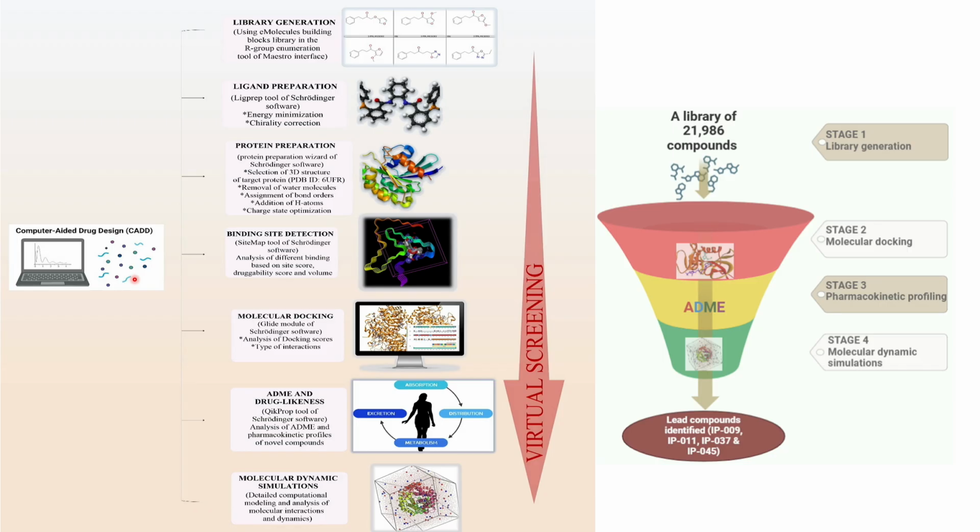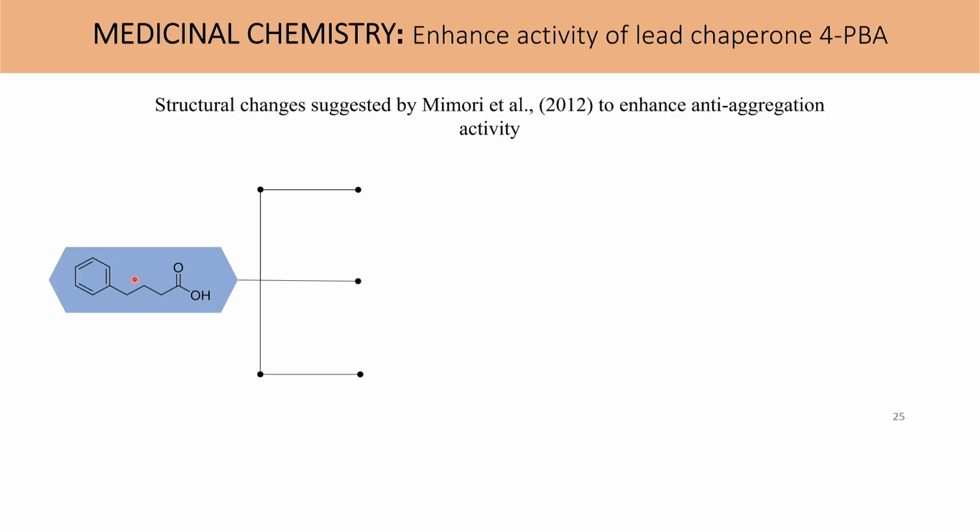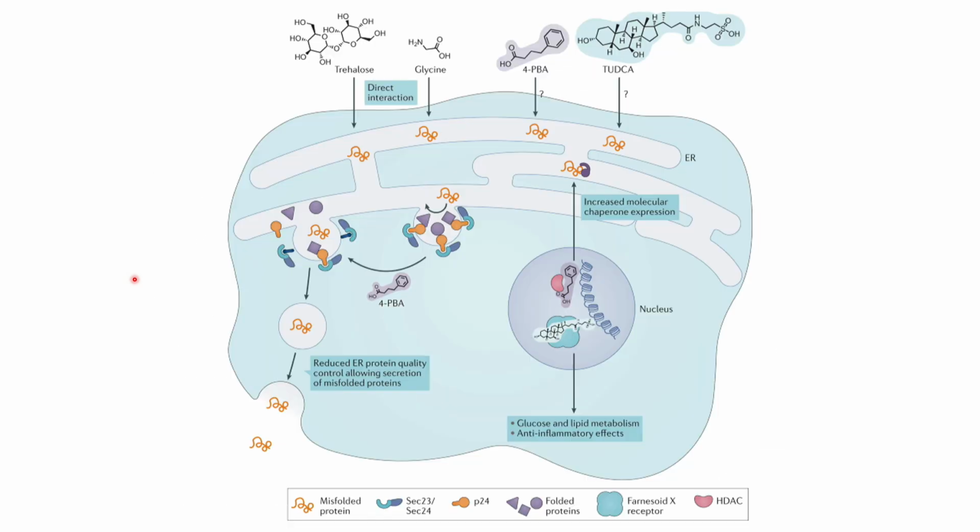Sometimes, like if you see this TUDCA molecule, this is a very good molecule, but it is very complex. It cannot actually be translated as a drug. Why? Because it has low blood brain barrier permeability, it cannot cross the blood brain barrier. If our drug cannot go into the brain, then it is of no use.